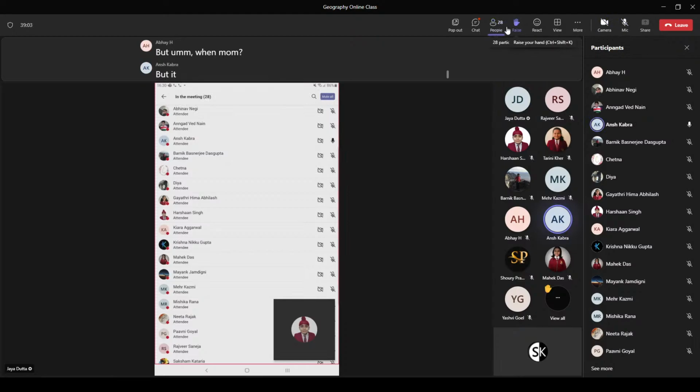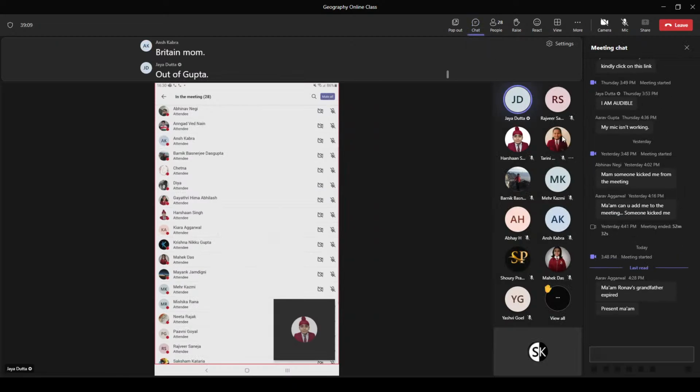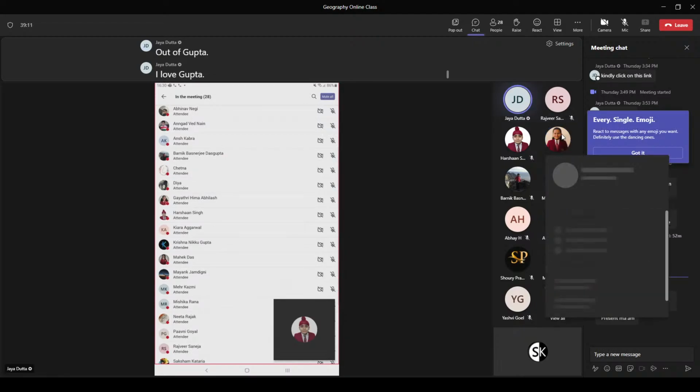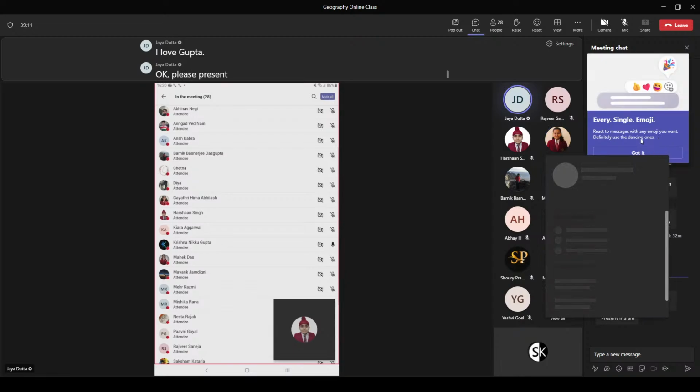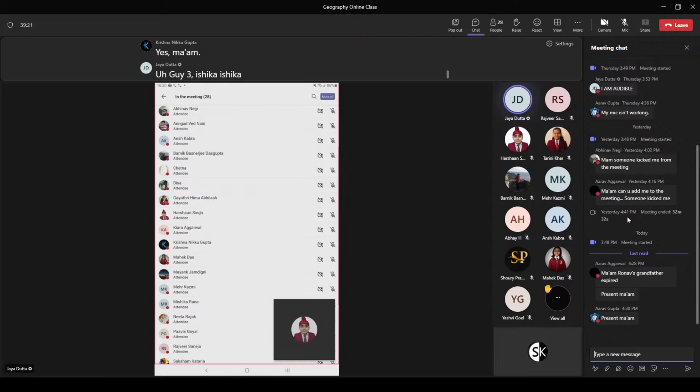Present, ma'am. Arav Gupta. He's present, ma'am. Okay, he's present. Krishna. Yes, ma'am. Gayatri. Present, ma'am. Ishika. Absent. She's absent. Rajveer is present. Nivedita. She's also absent. Banik. Absent. Siona. Present, ma'am. Pavni. Ma'am, I'm present.